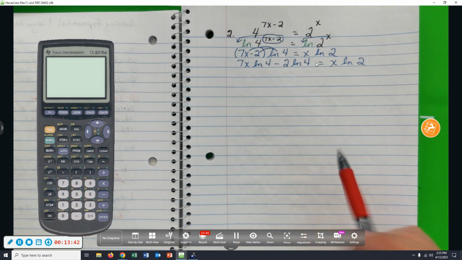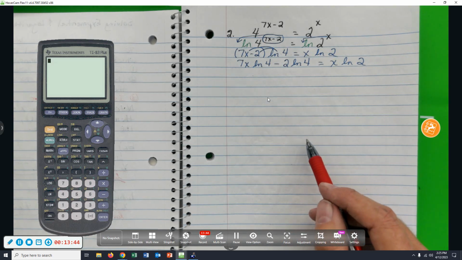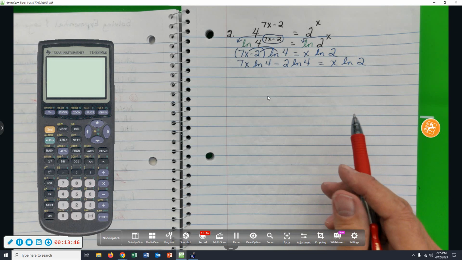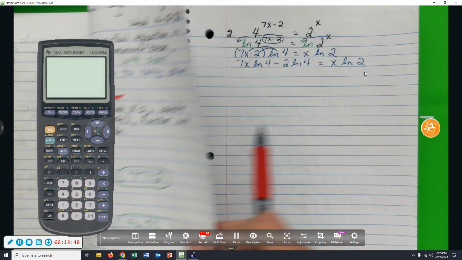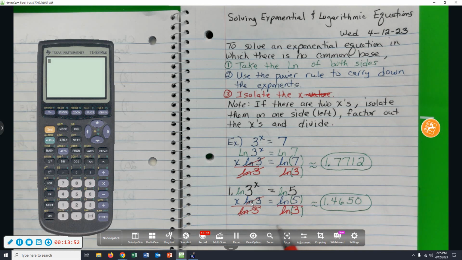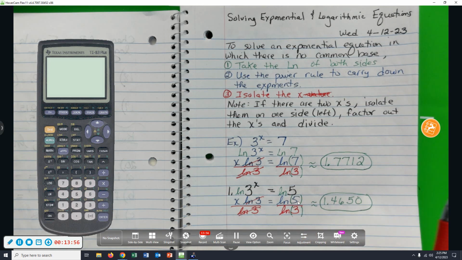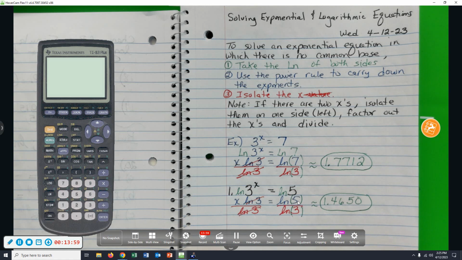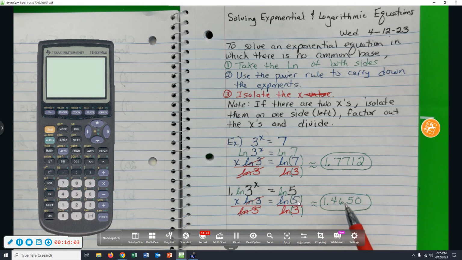Just like on number 1, you wound up with an ln 3 and an ln 5. You can't wind up with an ln 15 or an ln 2. Only ln 3s and ln 5s.